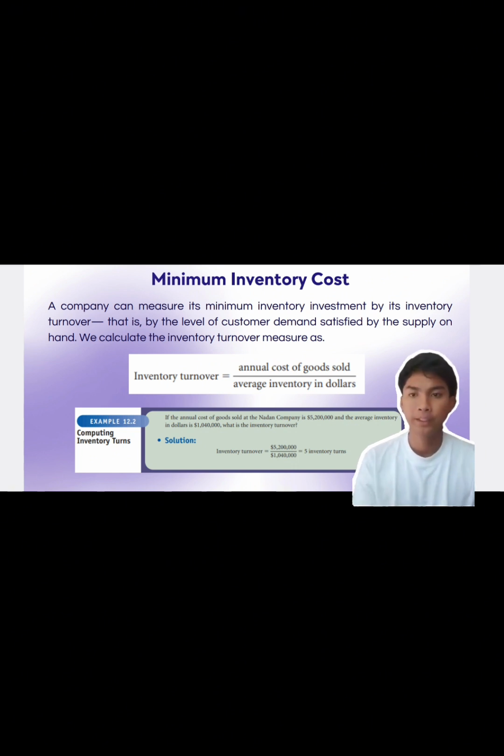A company can measure its minimum inventory investment by its inventory turnover. That is, by the level of customer demand satisfied by the supply on hand. We calculate the inventory turnover measured as inventory turnovers equals annual cost of goods sold over average inventory in dollars.